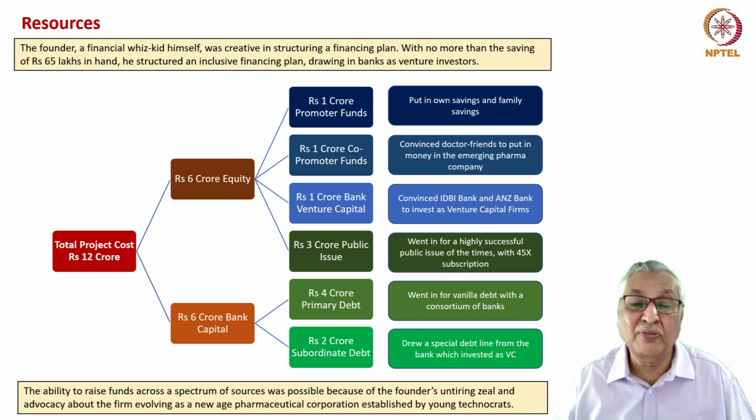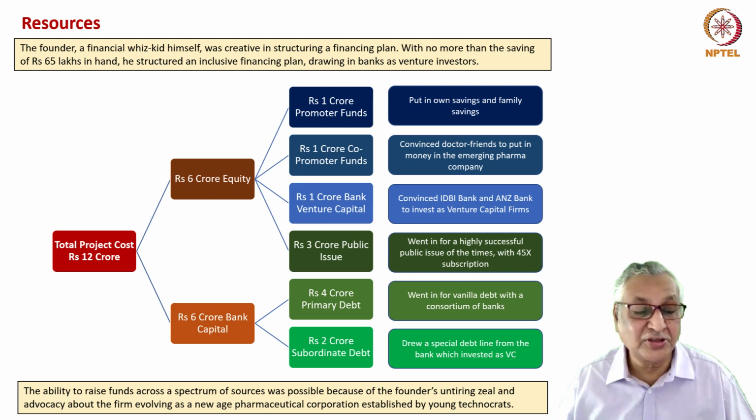And he went in for a public equity issue of rupees 3 crores. It was a highly successful public issue of the times, with 45 times over subscription. The 6 crore bank capital was in terms of 4 crore primary debt, vanilla debt with the consortium banks, and rupees 2 crore subordinate debt, a special debt line from the bank which invested as VC.